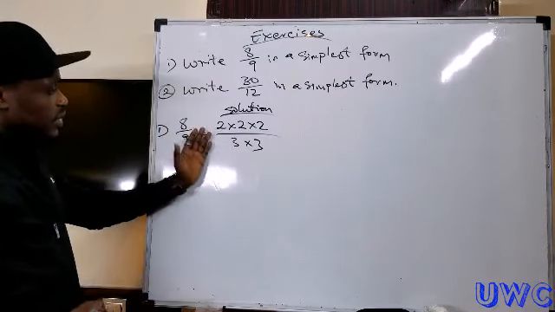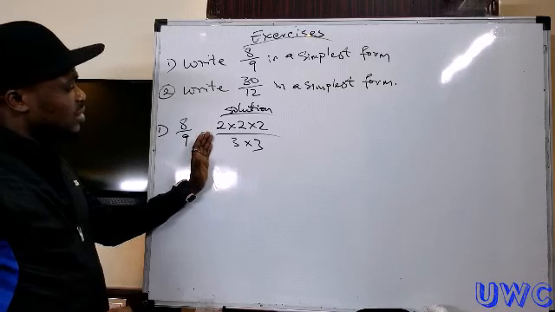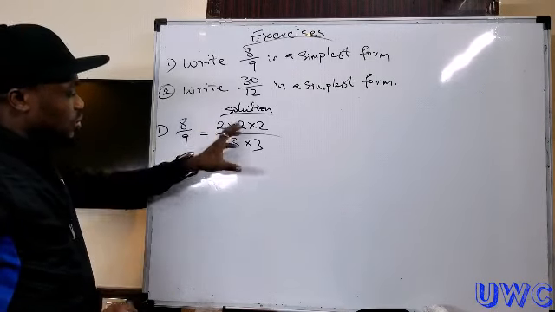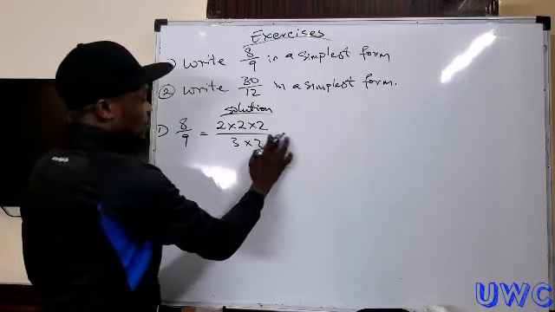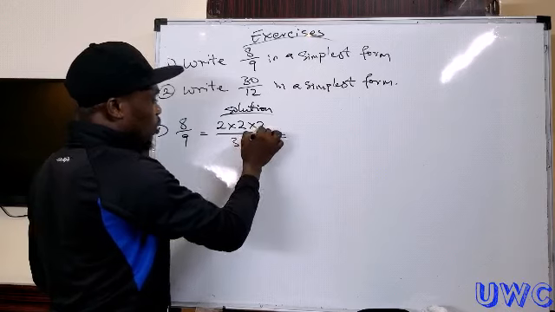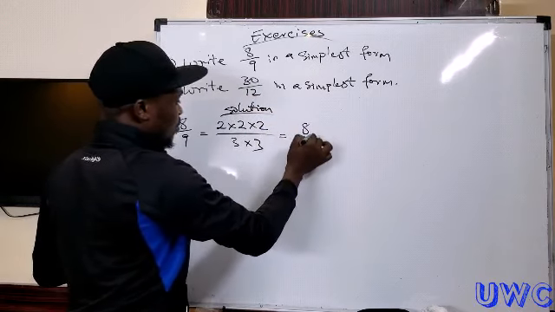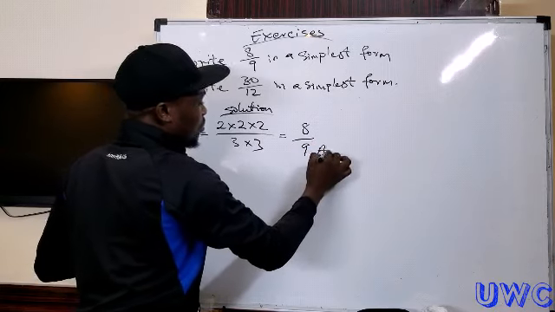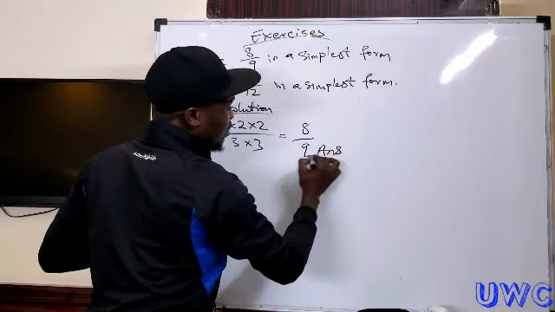So in this, you find out that there's no common factor between the two of them. Therefore, 2 multiplied by 2 is 4, multiplied by 2 will give us 8, and 3 multiplied by 3 will give us 9. Therefore, 8/9 remains the answer.